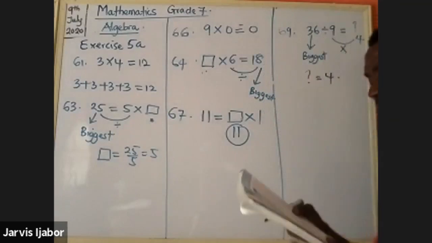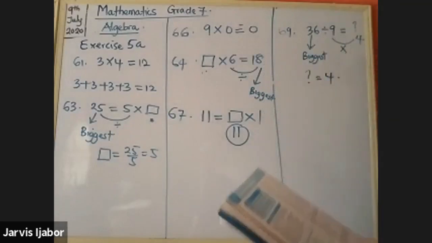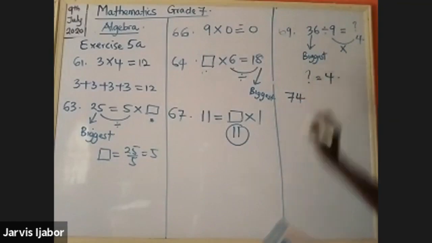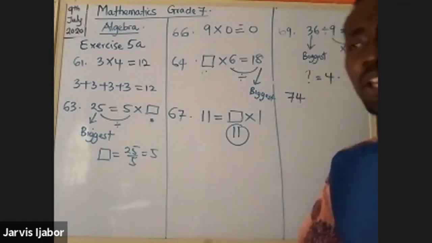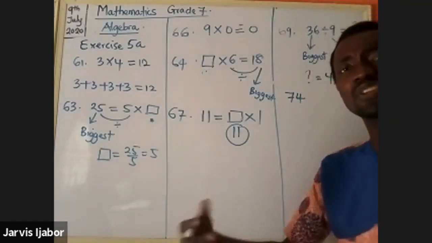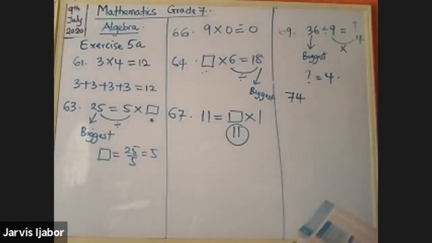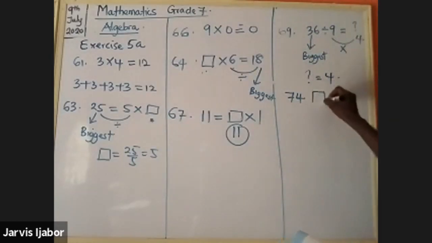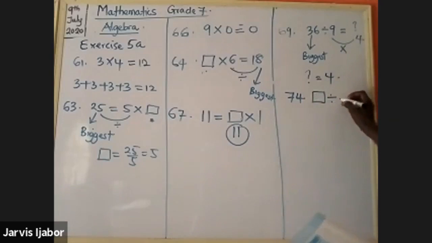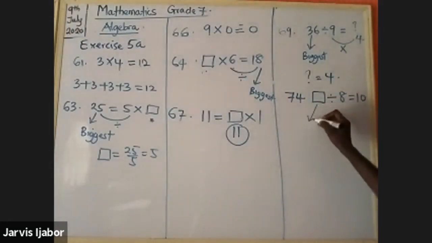Now let's look at another example of this. Let's look at 74. I'm just picking them randomly so that you understand what to do in order to increase your speed. Box divided by a certain number gives me 10. Now, this is the biggest number.